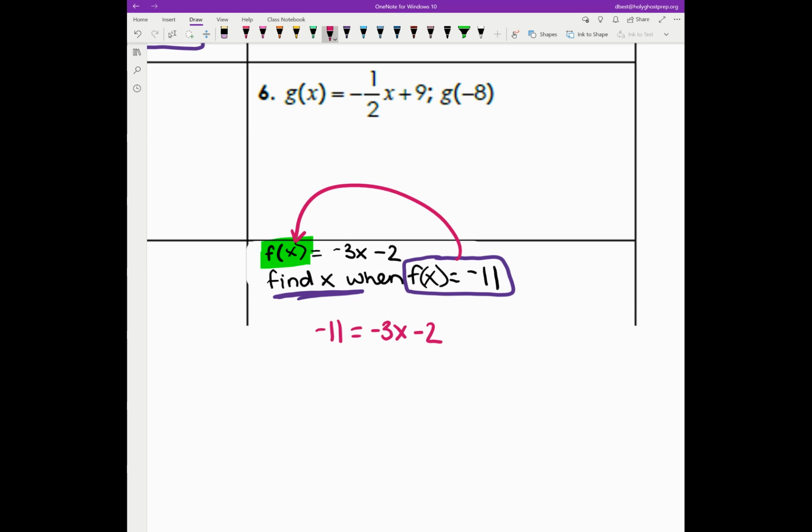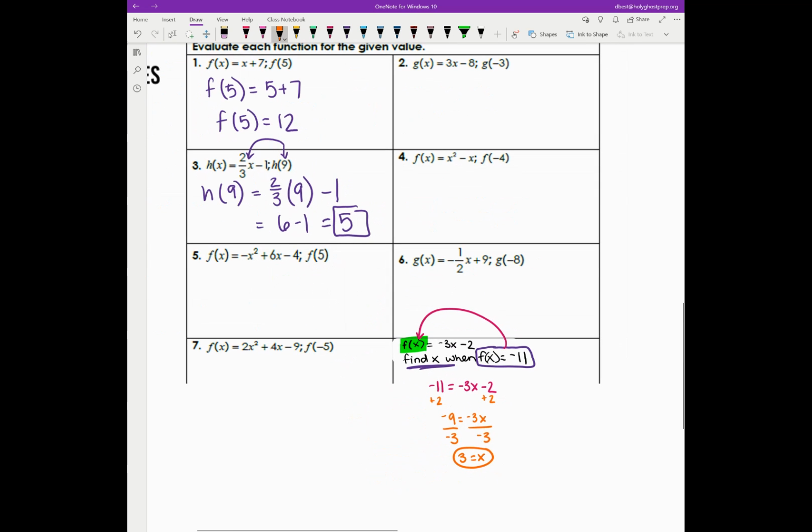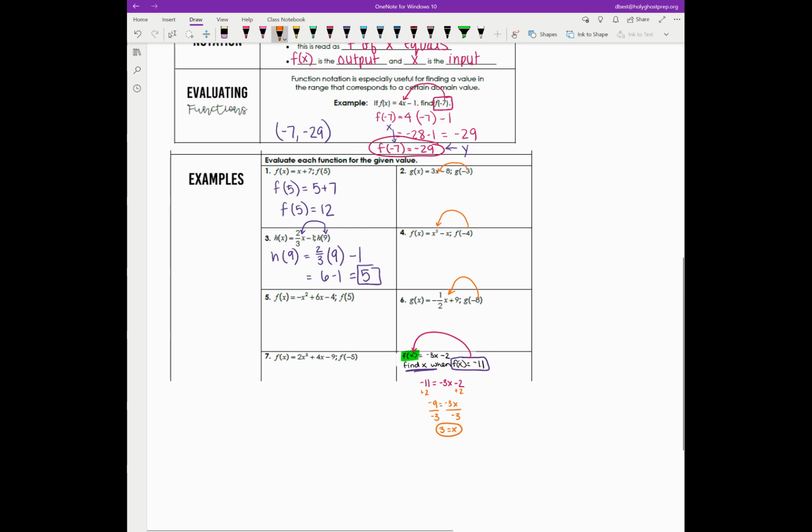And what we have to do now is solve our equation for x. And this is just like how we've been solving equations all year long. So I'm going to add 2 to both sides, get negative 9 equals negative 3x, and then I'm going to divide by negative 3. So I got 3 equals x. Okay. So depending on what you're given, the rest of these tell you your x value to plug in. But if they give you one like this, find x, you set it equal to that.